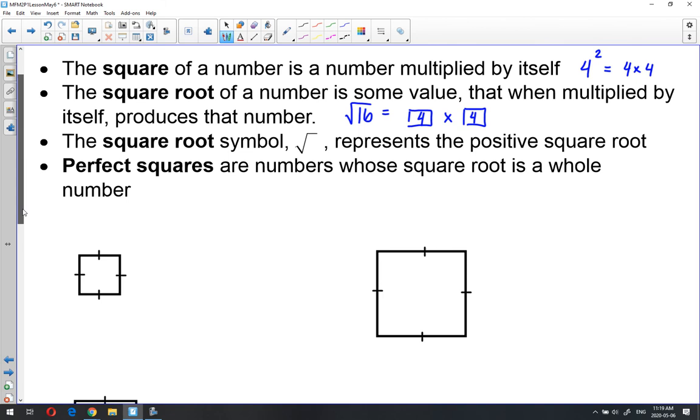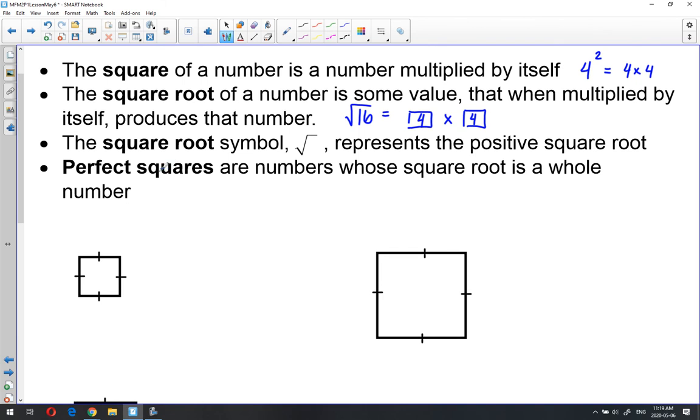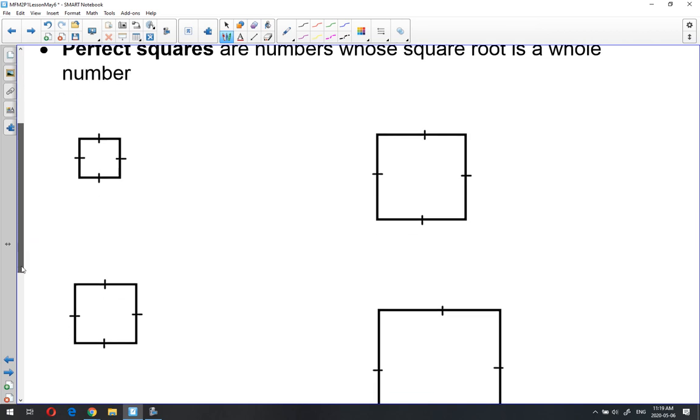What's important to remember here are what perfect square numbers are. These are numbers whose square root is a whole number. For example, I have a bunch of squares written here. Let's say this square is 1 by 1. Every side is 1 unit. The area, length times width, would be 1 times 1, which is 1 squared, which is 1.